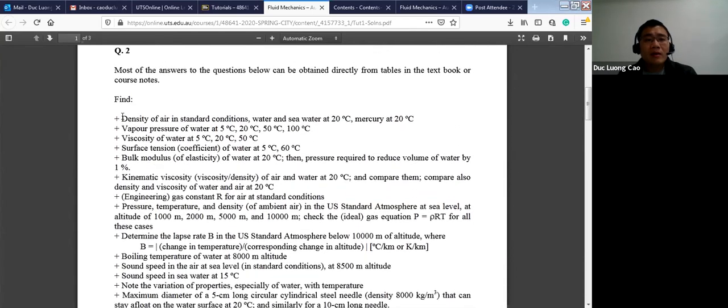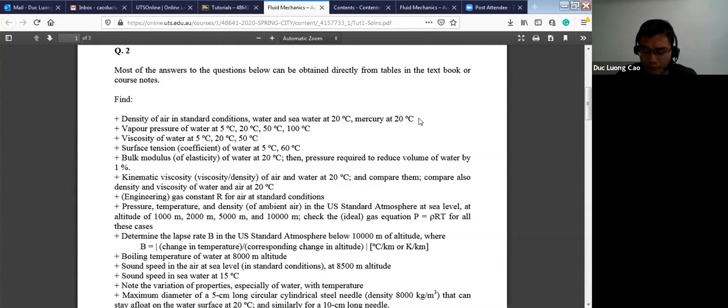Fluid mechanic properties, and I will show you how to find properties and where to find the properties of fluid mechanic substances. The first question asks you to find the density of air in standard condition, and water and seawater at 20 Celsius, and mercury at 20 Celsius.